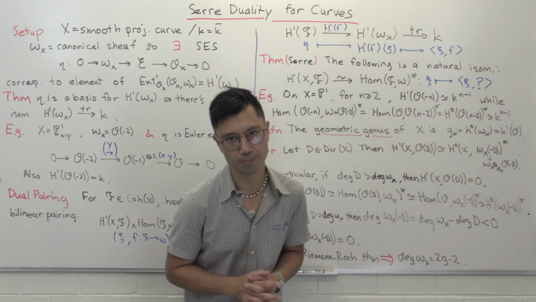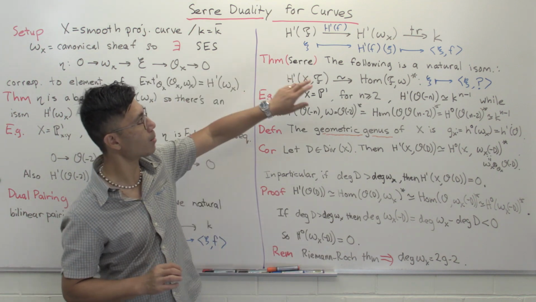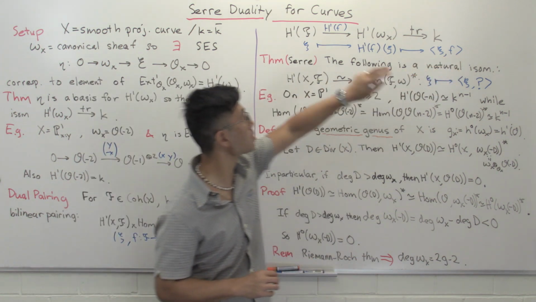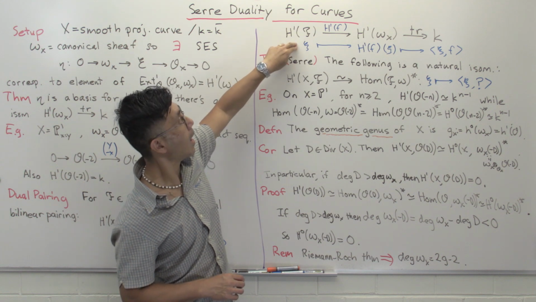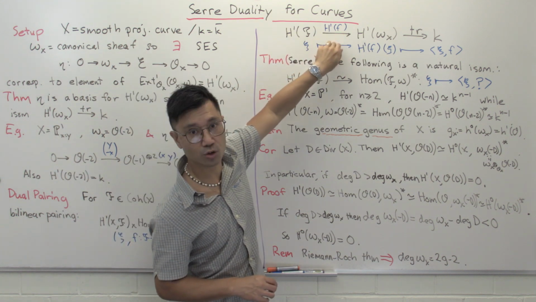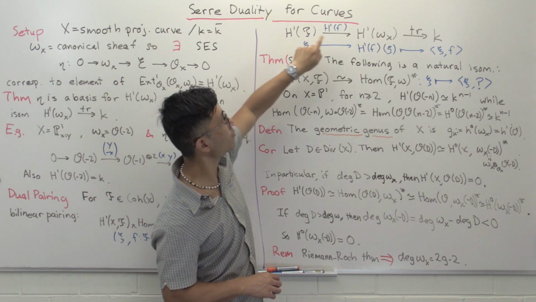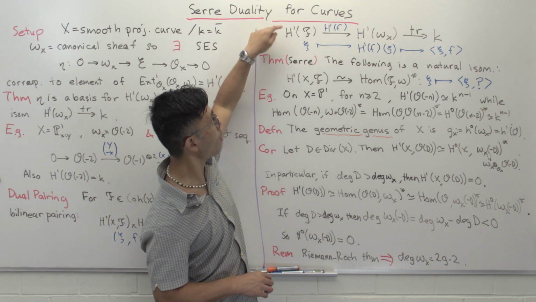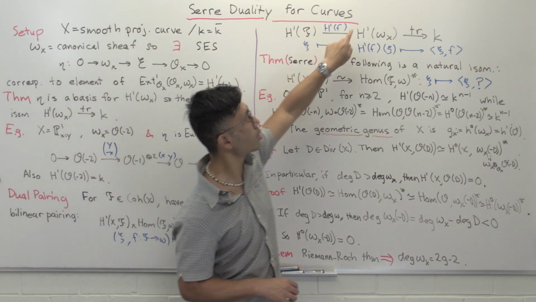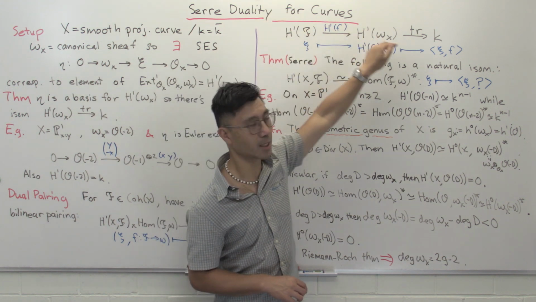Okay, that's fairly typical. And how does this work? It's quite simple. So I'm going to define (C, F) as follows. I start with this C here, in H1 of F. Since H1 is functorial, and you've got a homomorphism from F to omega_X, you can look at H1 of f as a homomorphism from H1 of F to H1 of omega_X. It's just a linear map from here to here.